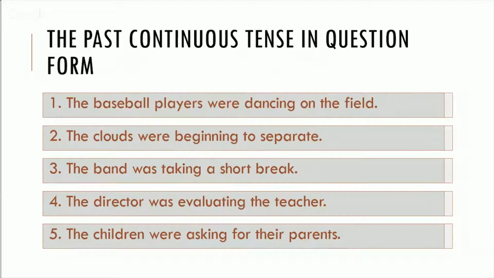All right, so now we're going to move on to the past continuous tense in question form. Good, good. I see a happy face, so that means that we are doing all right.